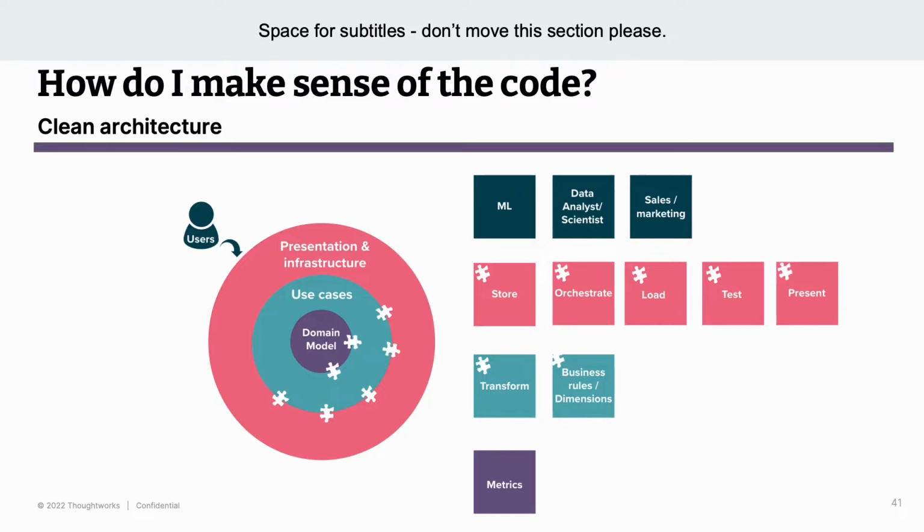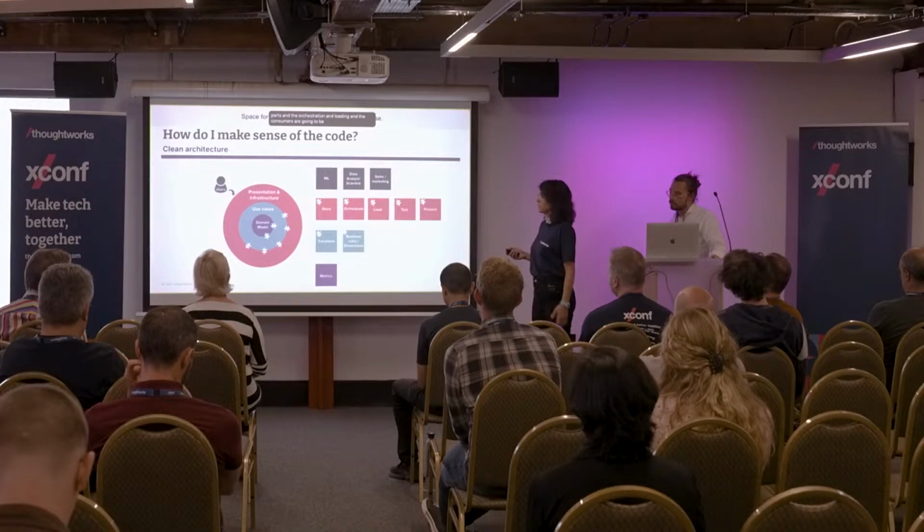But for the rest, we can apply the same abstraction: a layer that contains all the infrastructural parts, so the orchestration, storage, loading, and the consumers are going to be different. In this case, it's going to be machine learning engineers or other data analysts or salespeople, but very similar.